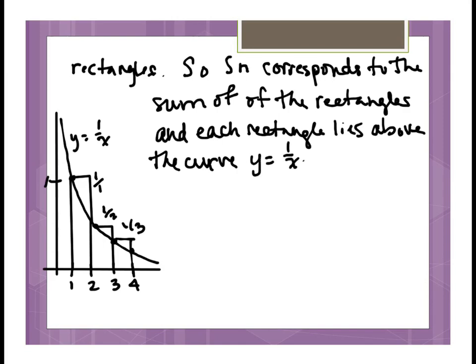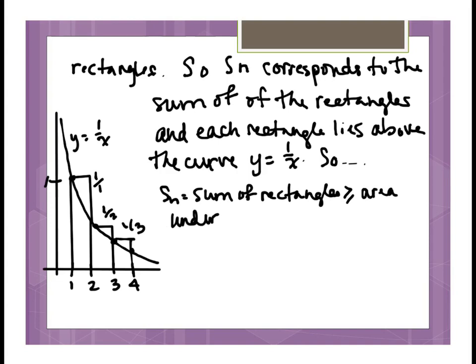Right? All those rectangles are above my curve. You guys remember doing things with Riemann sums and estimating rectangle areas. So what this is telling us, S sub n is this sum of rectangles, which is greater than or equal to the area under the curve. Agreed? It's more than that area that's actually under the curve.